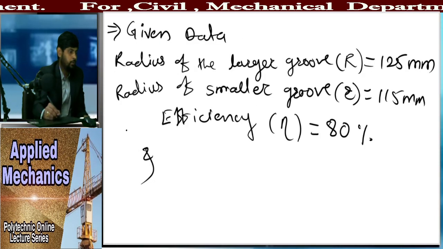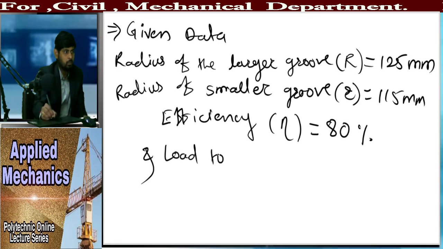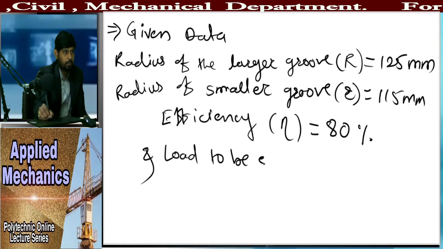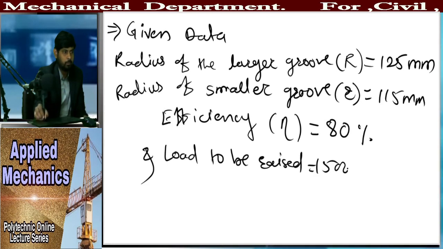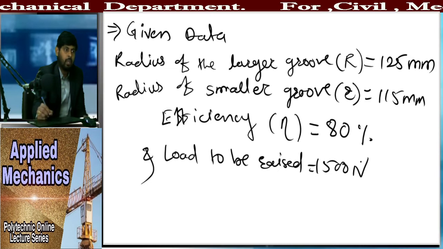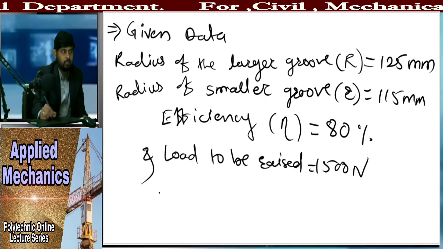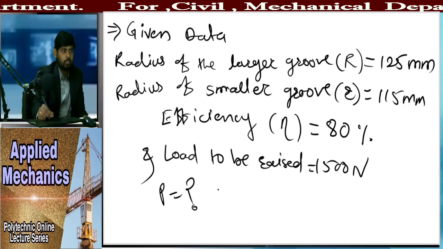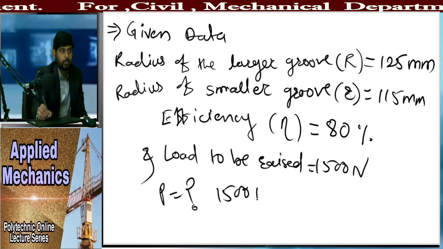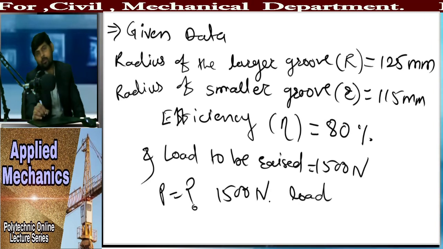So here the load to be raised is 1500 Newton. And what do we have to find out? We have to find out the effort required, that is P. How much P is needed to lift the 1500 Newton load? So we have to find out P.